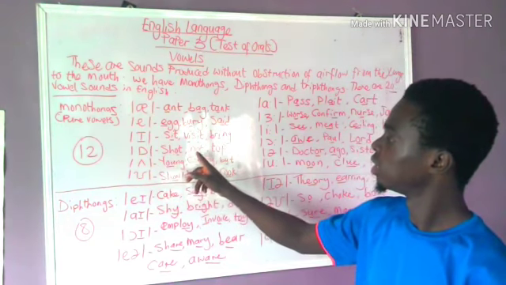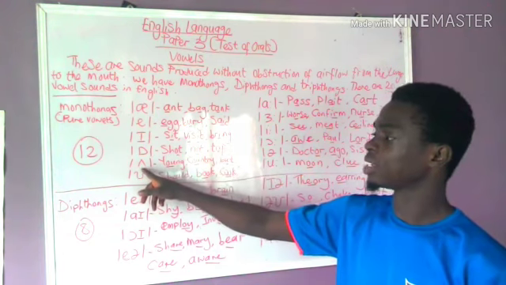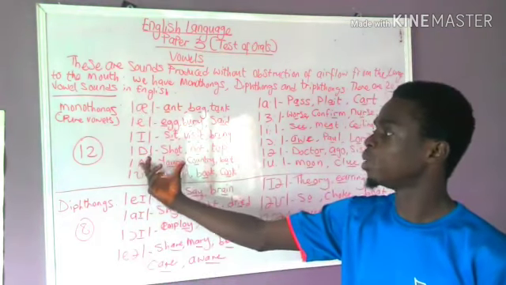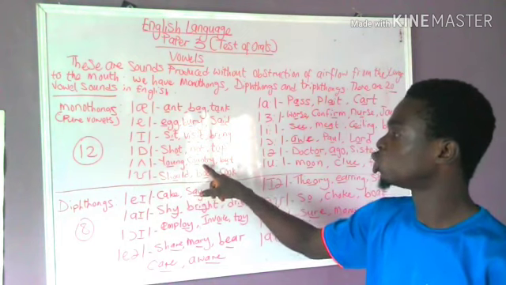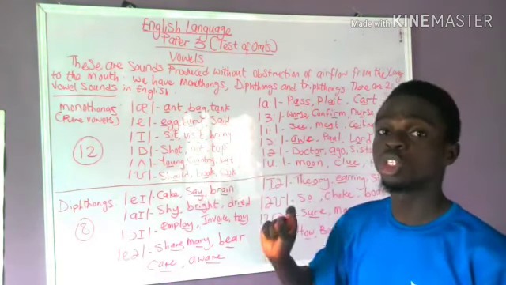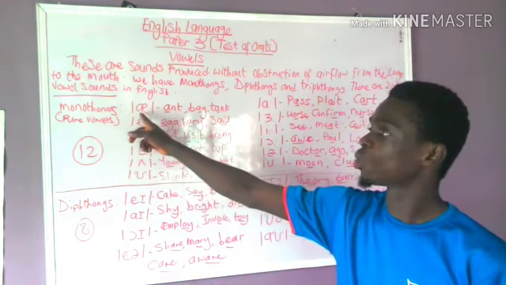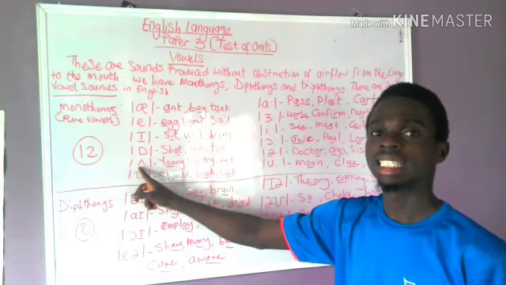Short, not, top. Now this is quite similar to this sound. Most times people mispronounce this sound as O by saying young, country, but you need to realize that it's not O. It's very similar to this sound, and it's pronounced this way.